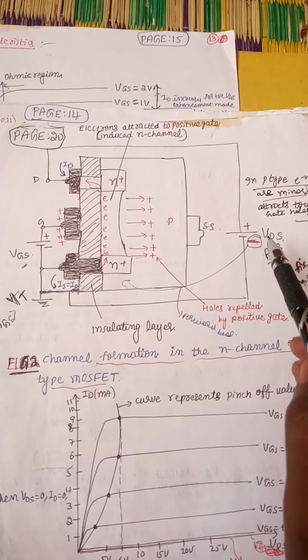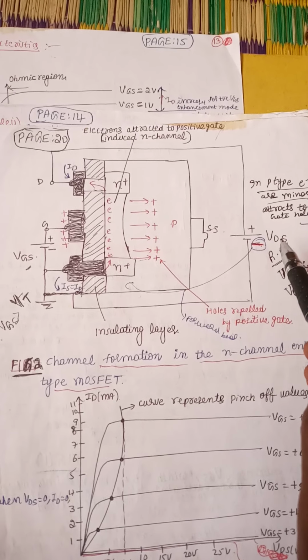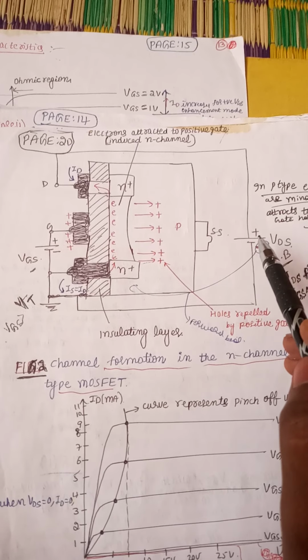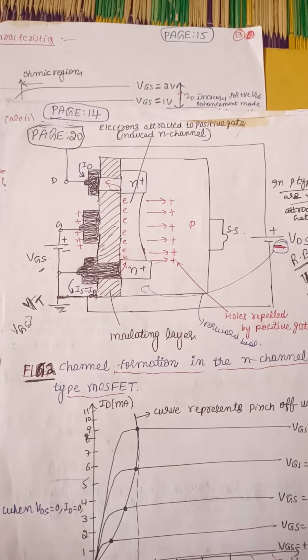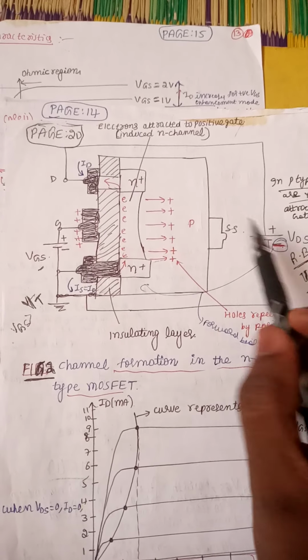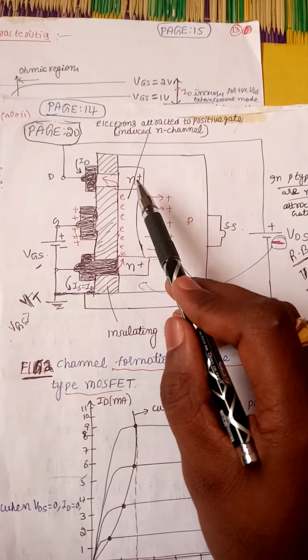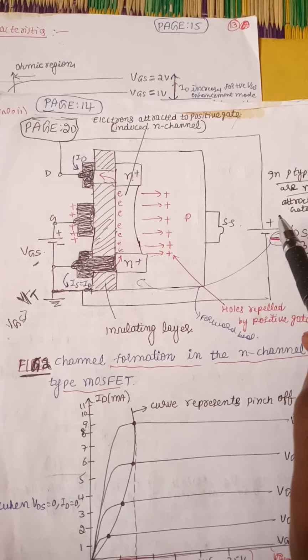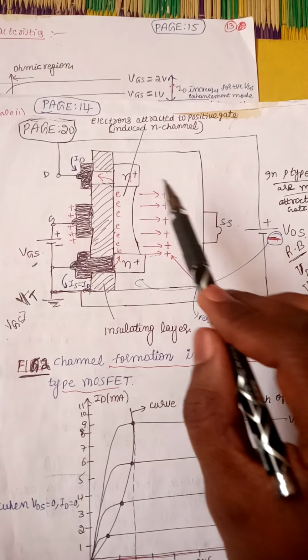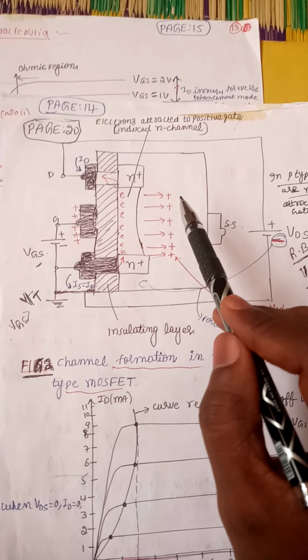So here the drain is positive. Why? Here you have the N+ region, and N is connected to the positive terminal of the battery. Therefore, you are doing reverse bias of the junction.